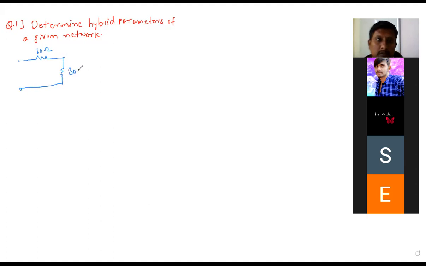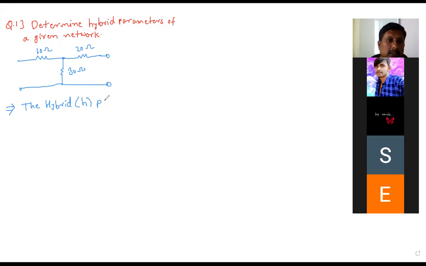This is 30 ohm. And this is 20 ohm. How to start now? Yes. So name of the parameters you can write down. The hybrid parameters you are going to find out.